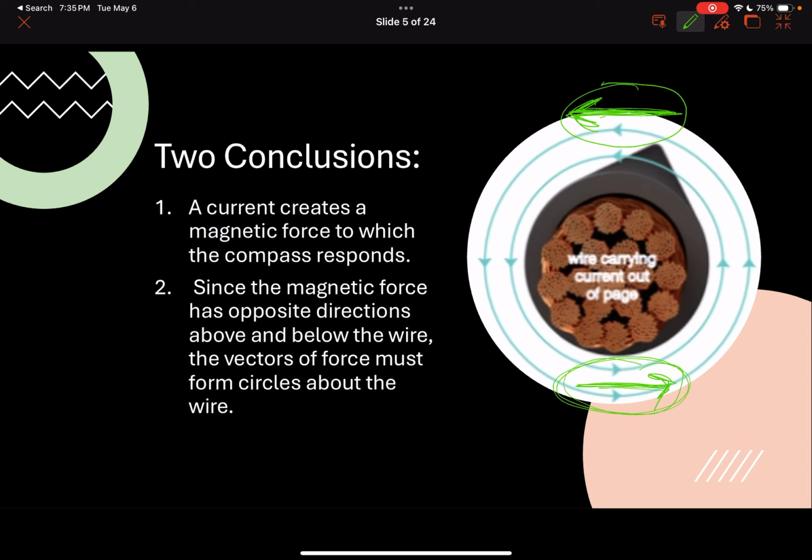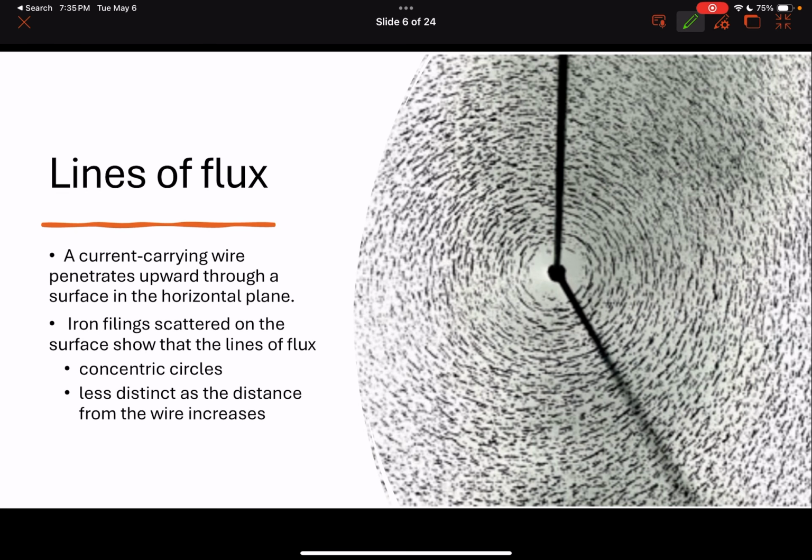So you can see we have a bit of a difference in the direction of the magnetic field, depending on whether we're above or below our wire. So, very smart man. Lines of flux look a bit different when it comes to a current carrying through a wire.